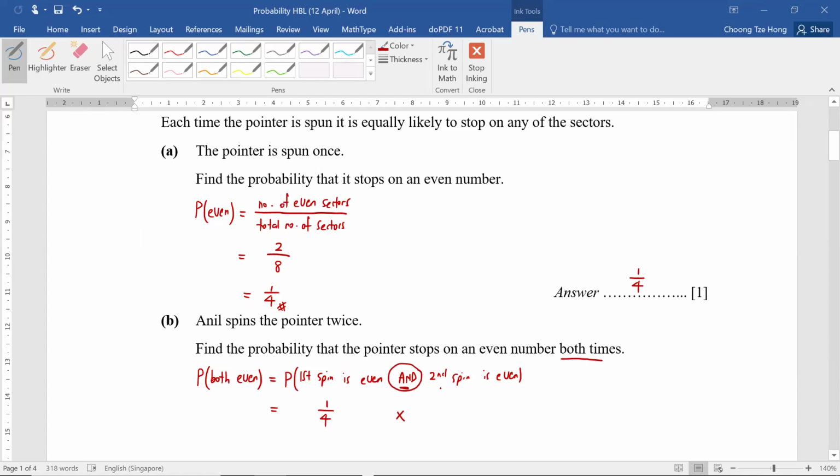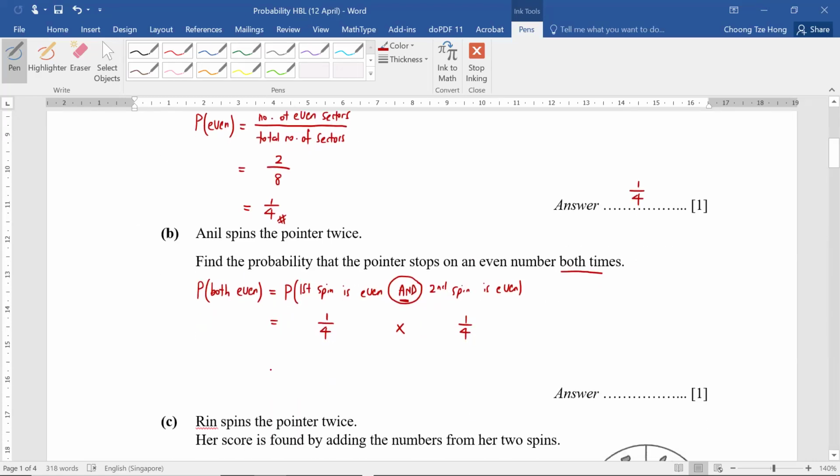And the probability the second spin is even will also be 1/4, because each spin is independent of one another. The result in the previous spin doesn't affect the result of subsequent spins. So it's going to be 1/4 times 1/4, which is 1 over 16.